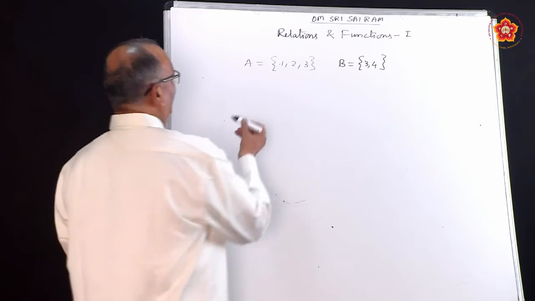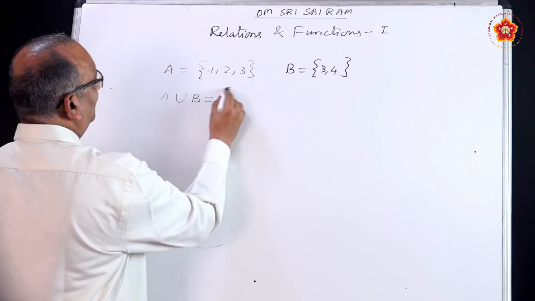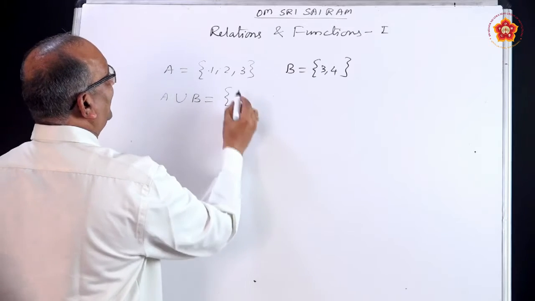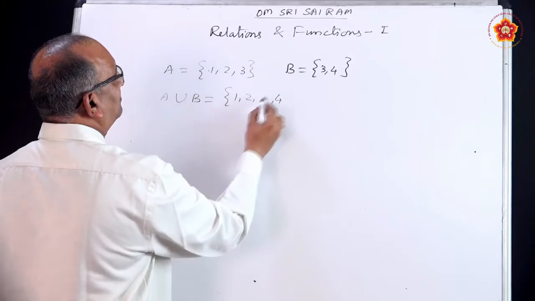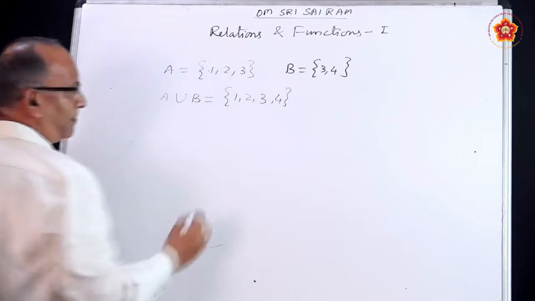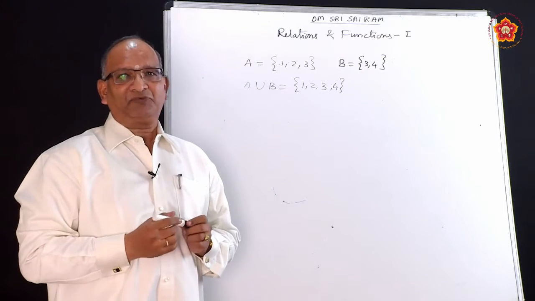For example, here A union B is equal to elements which are in A, that is 1, 2, which are in B, that is 4, which are in both. So, this is how we write union of two sets.